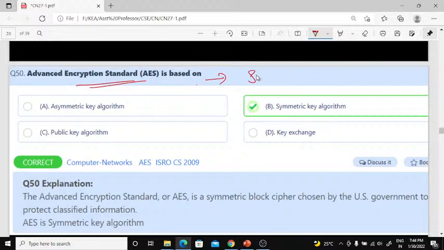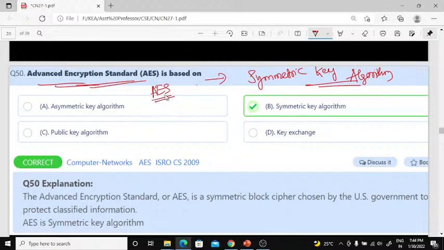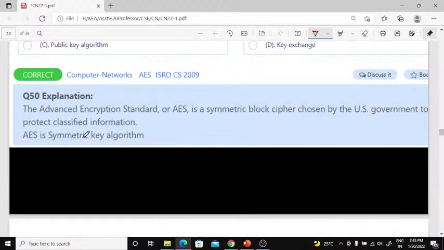AES is a symmetric block cipher that is chosen by the US government to protect classified information. So AES is a symmetric key algorithm.